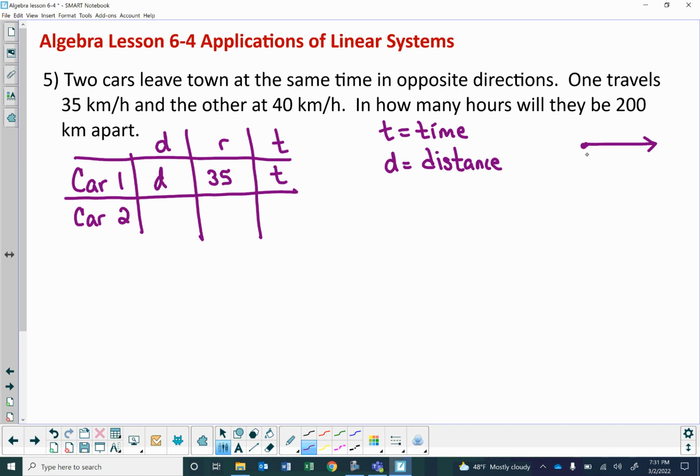So if this car traveled 50 kilometers, this one would have to travel 150 kilometers. So this car 2 is going to be 200 minus d. It's traveling at 40 kilometers per hour. Well, we still have no idea how long it's traveling.